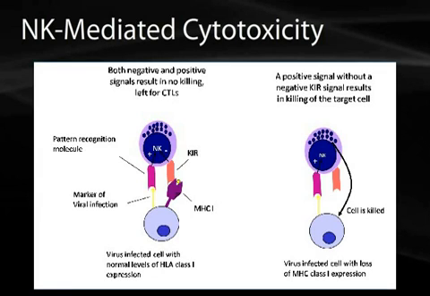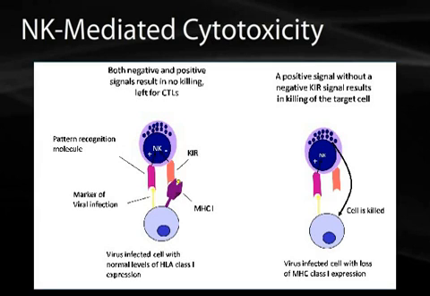Now, the pattern recognition molecules, those are specific for certain markers of viral infections that are typically found expressed on the surface of a virally infected cell, different types of viral peptides. If that pattern recognition molecule is stimulated by a marker of viral infection on the surface of that cell, it sends a positive killing signal to the NK cell.